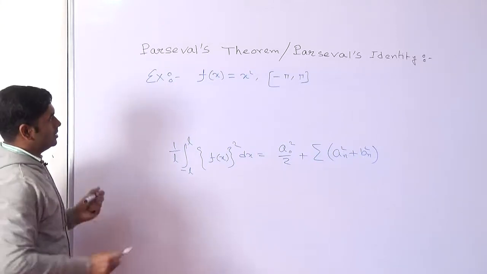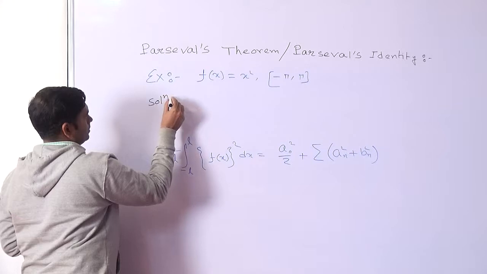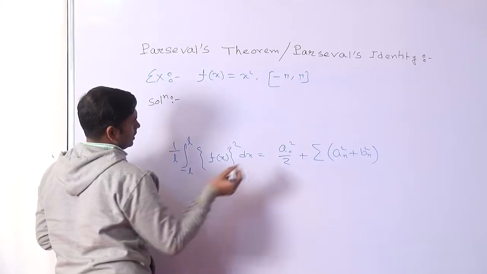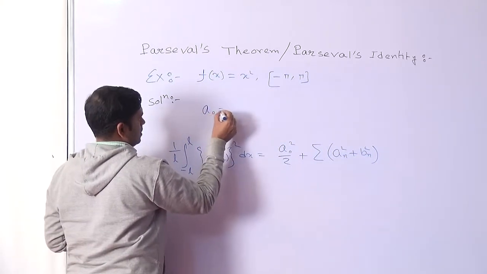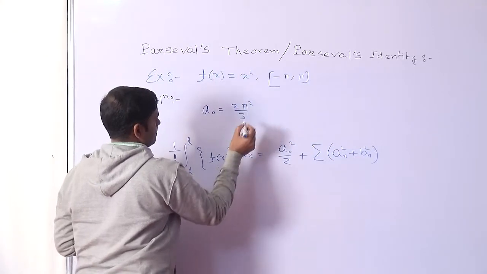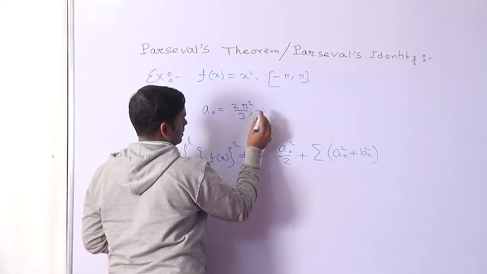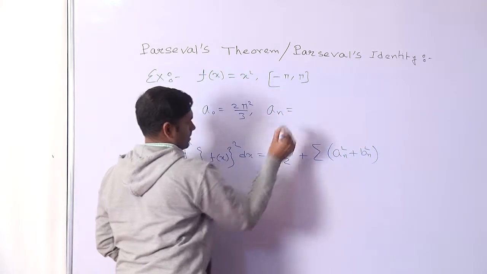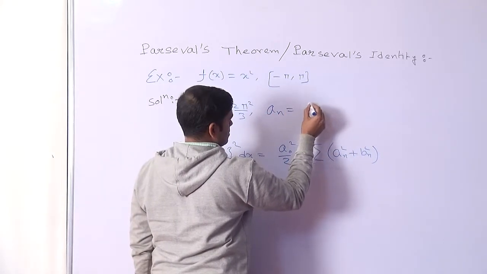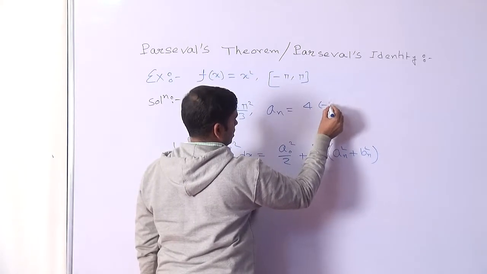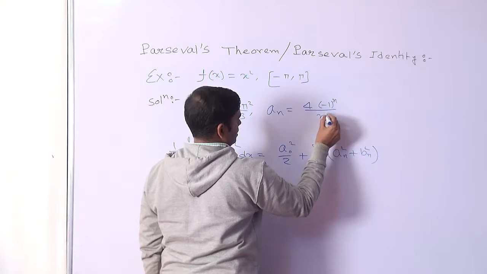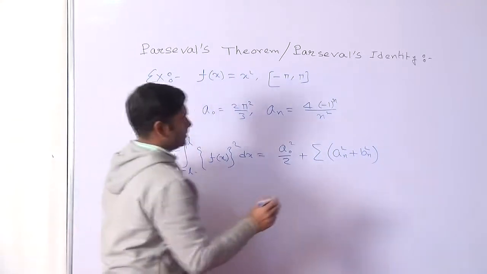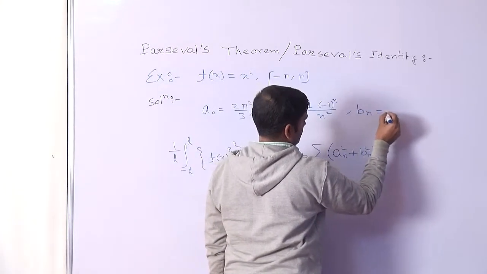During solving this, we found that a0 is 2π²/3, an is 4(-1)^n/n², and bn is 0.